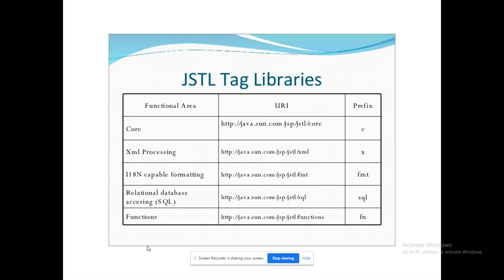The tags related to SQL are available. Function related tags, nothing but some of the built-in APIs in Java, for example collections. For those things, I have some tags available here, right? So instead of importing any particular packages in Java, I can use these tags directly by mentioning this URI. If I mention this URI, it will support the corresponding prefix tag and it will make me work.